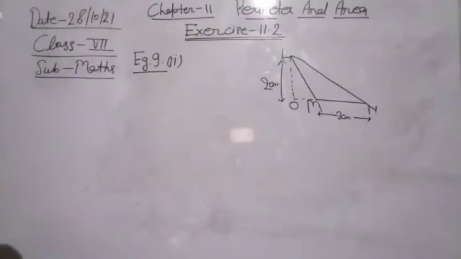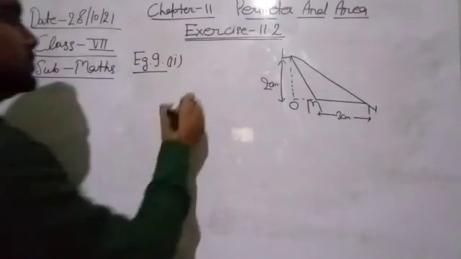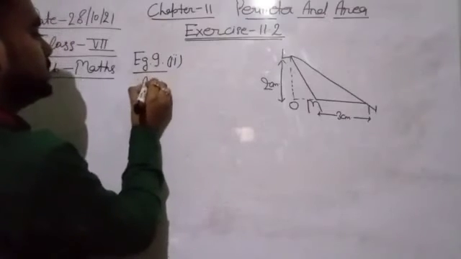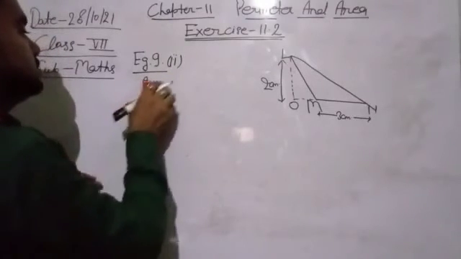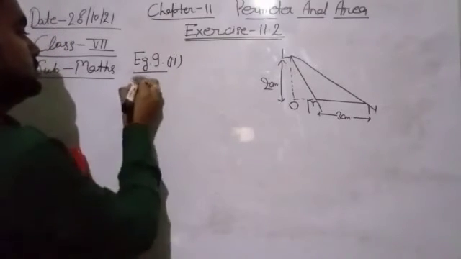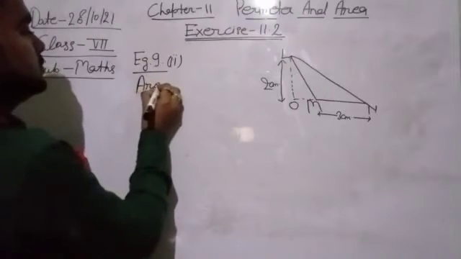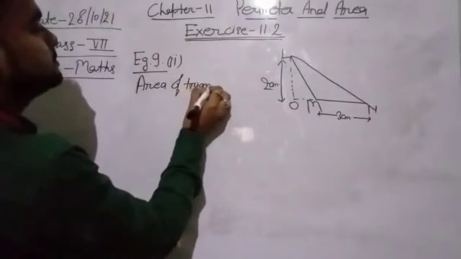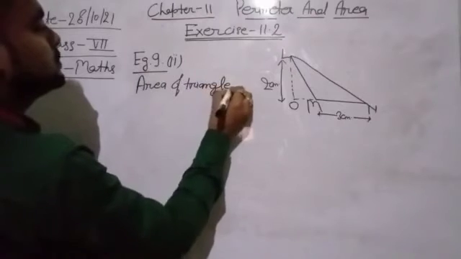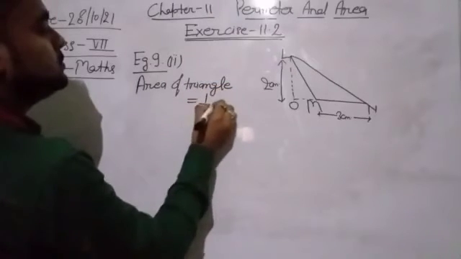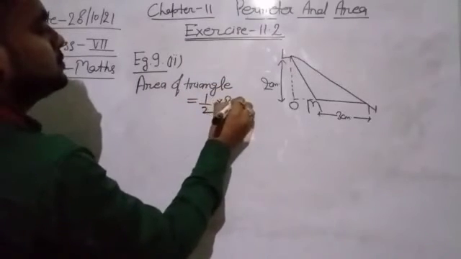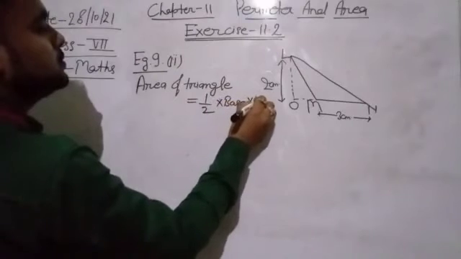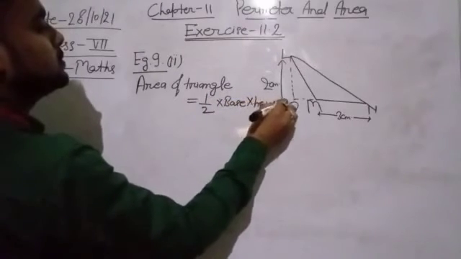So now, as we know that area of triangle is equals to 1 by 2 into base into height.